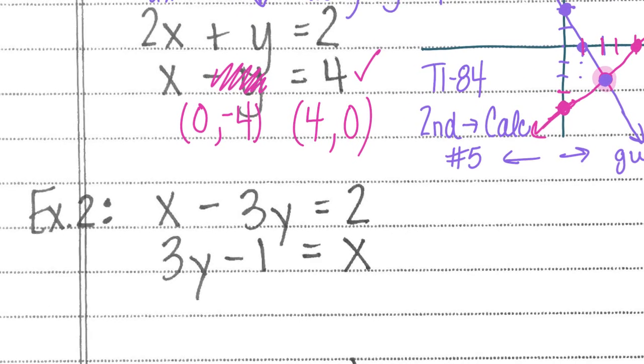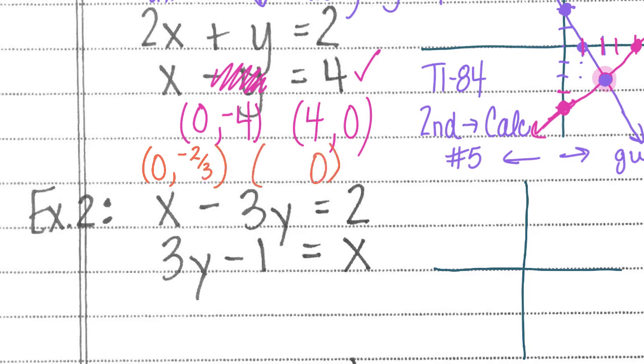Let's graph x minus 3y is equal to 2. So I'm going to graph this one using the xy intercepts because it seems like the best method, and I will graph this one in orange. When x is 0, y would equal negative 2/3.